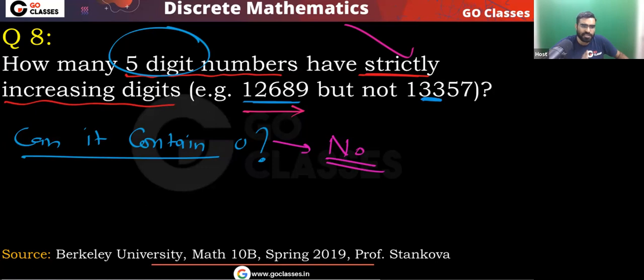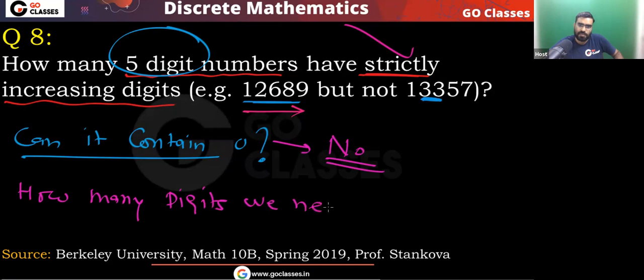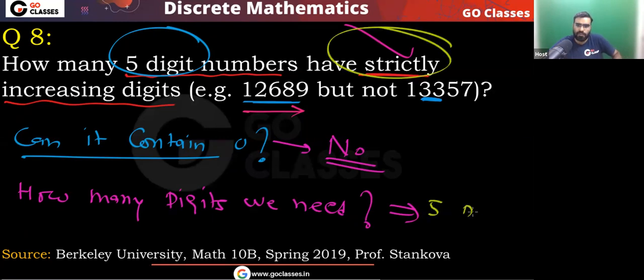So basically, how many digits do we need? Total 5 digits we need. Agree with me? Because no digit can repeat. Repetition cannot happen, because strictly increasing. So we need 5 distinct digits.